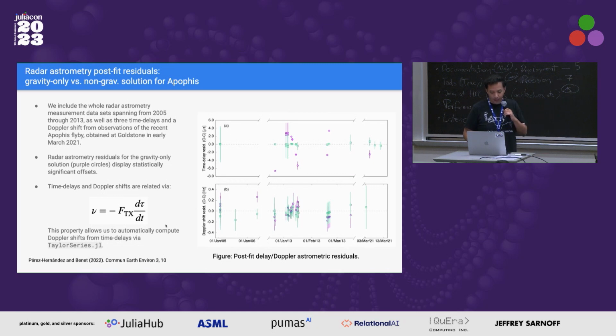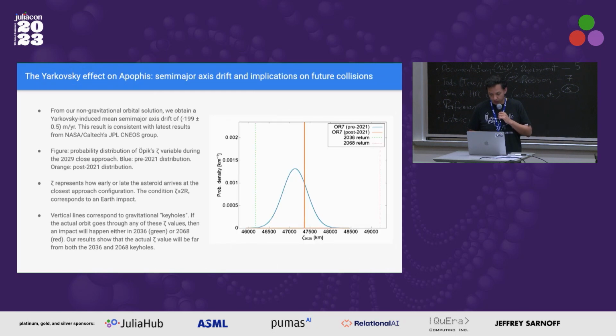And what we found here as well is that using only gravitational effects, we cannot fit all the astrometry. But if we take into account the Yarkovsky effect, then we can indeed fit all the data, both optical and radar.